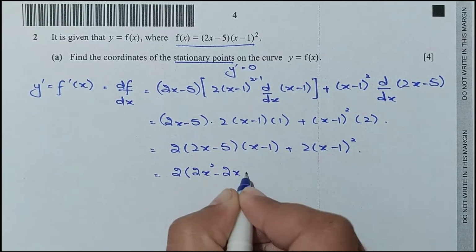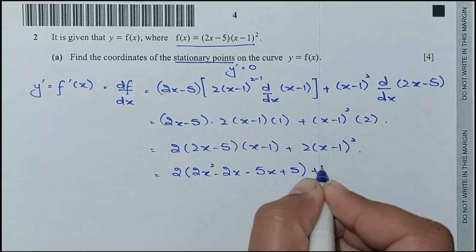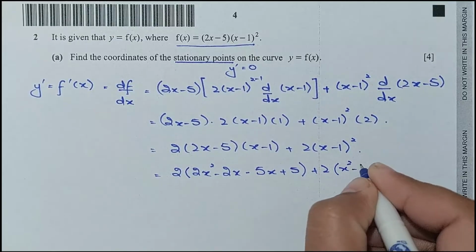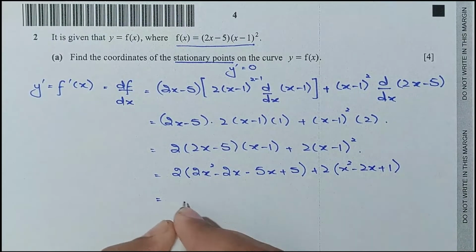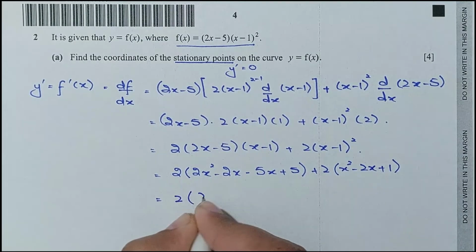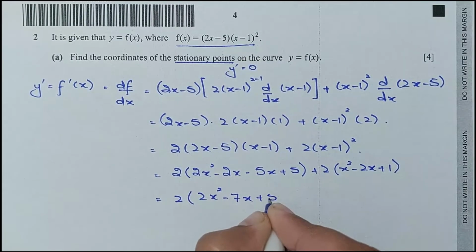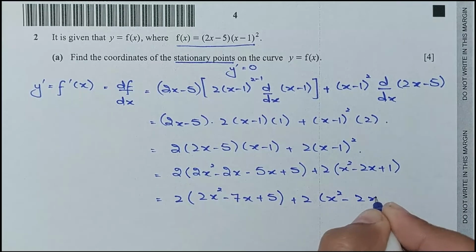Now negative 5 is multiplying, so minus 5x and plus 5. Plus 2 open, x minus 1 whole squared. This is x squared minus 2x plus 1. Now multiplying by 2, keep the 2 outside: 2x squared minus 7x plus 5, plus 2 outside, x squared minus 2x plus 1.